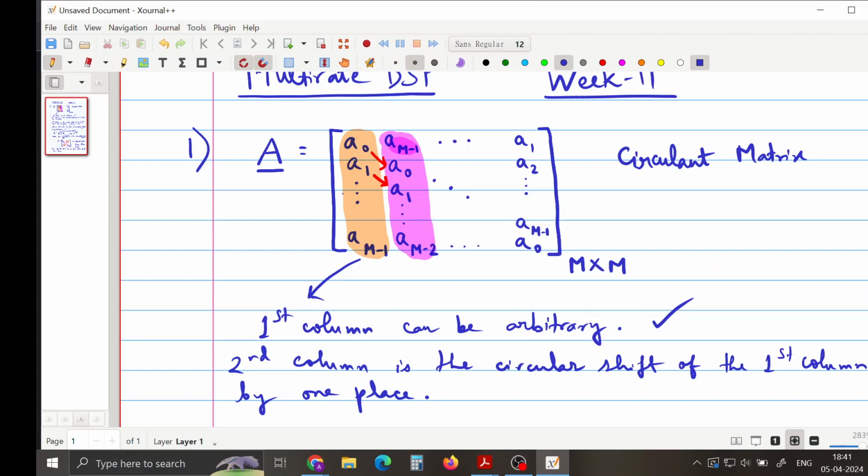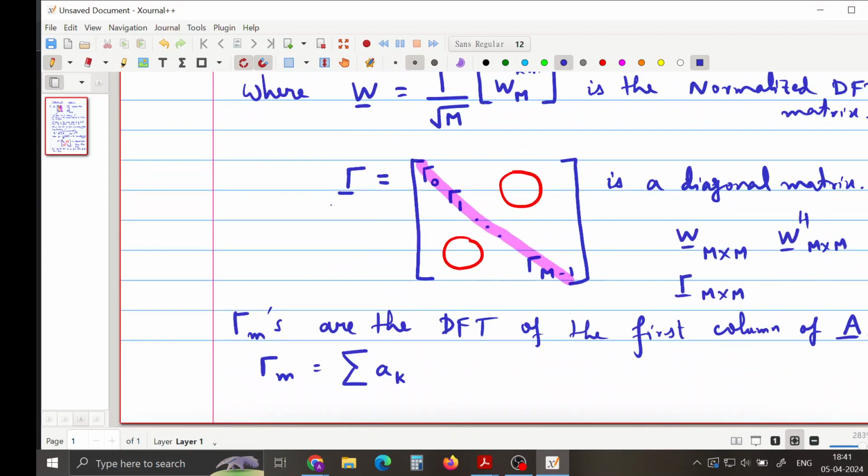Then you have that DFT formula, e power minus j 2 pi k n by n.